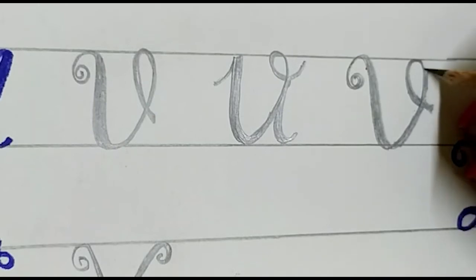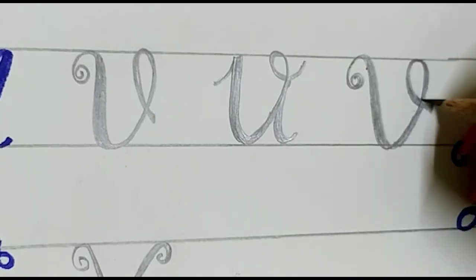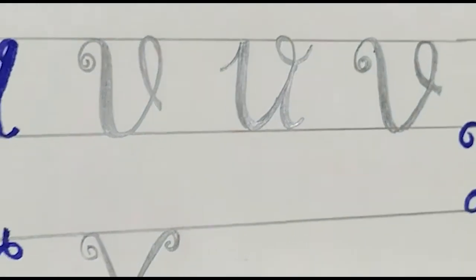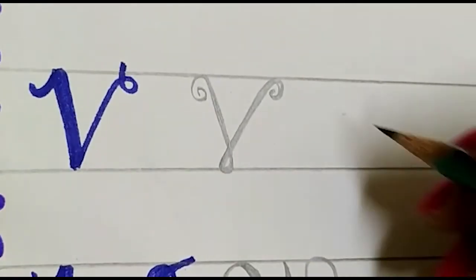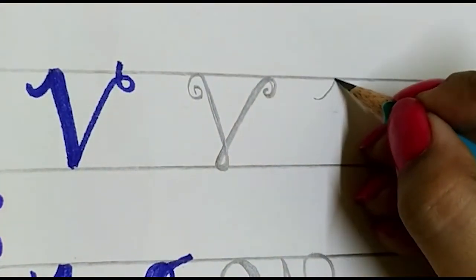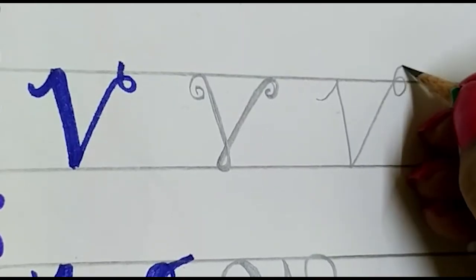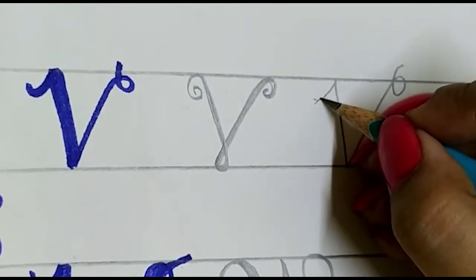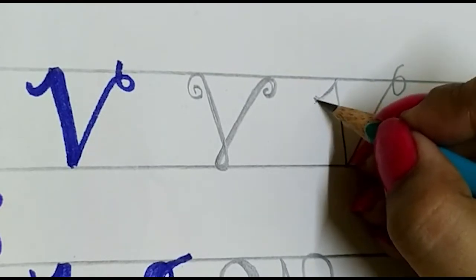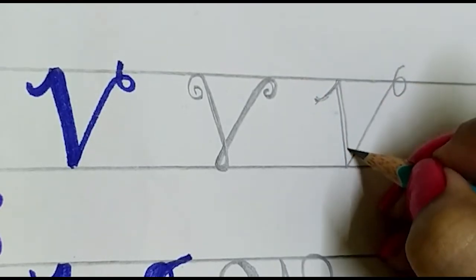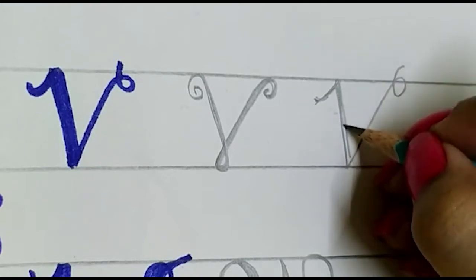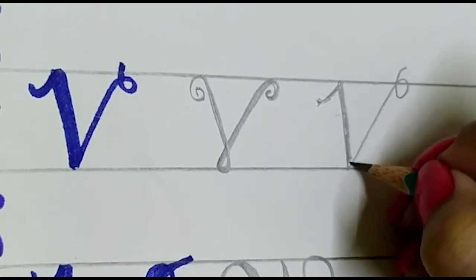Now we come to the next letter, letter V, okay. It has only two faces, two ways. This is also an easy way, done with letter V, okay. Now letter V is also done.